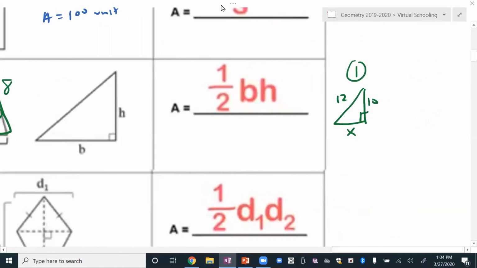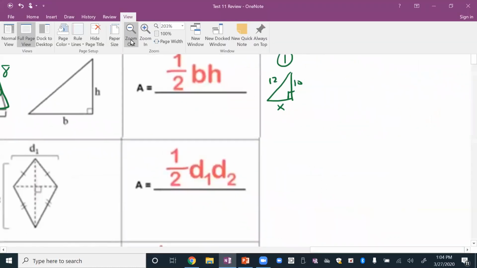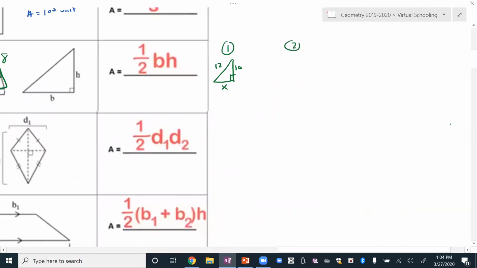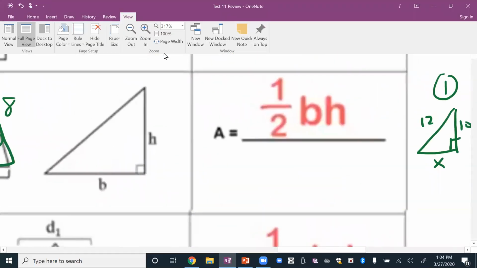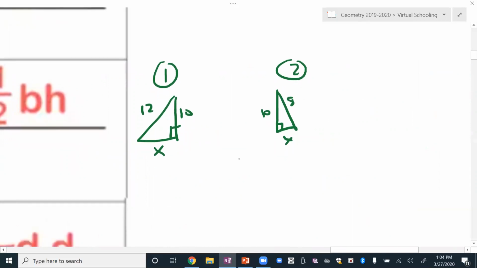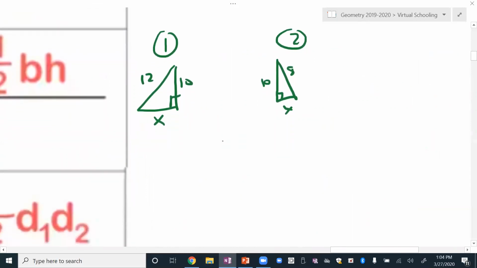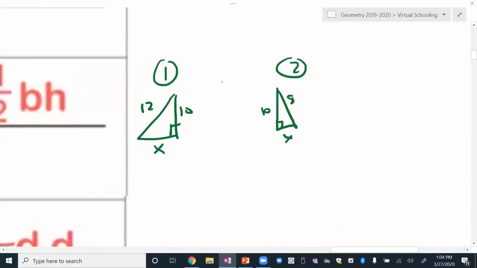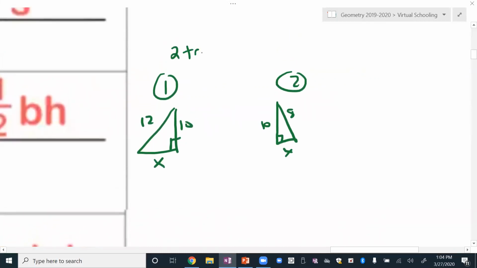I need a little bit more space. And then it'll give you something like this. So it'll be 8, and that'll be 10, and this will be x. So you have to set up 2 Pythagorean theorems to solve it. So this one has 2 triangles to solve for the missing side.